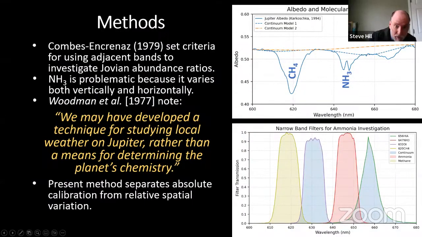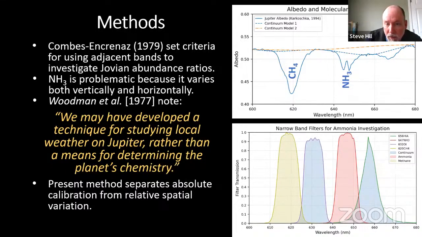So basically the continuum filters, at least in the region I'm looking at, are the ones that are color-coded blue here at the bottom. And the only problematic thing is in using H alpha, you've actually got part of the 668 nanometer methane band impinging on that. That's why you see two curves here for a continuum model.